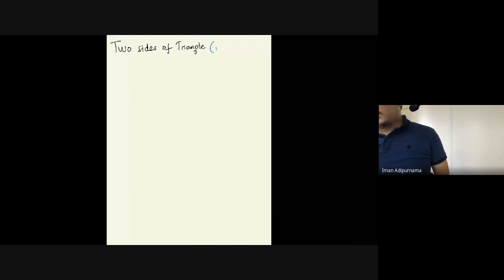I will write this is not necessarily a right triangle. So two sides of a triangle are 5 meters and 8 meters in length.